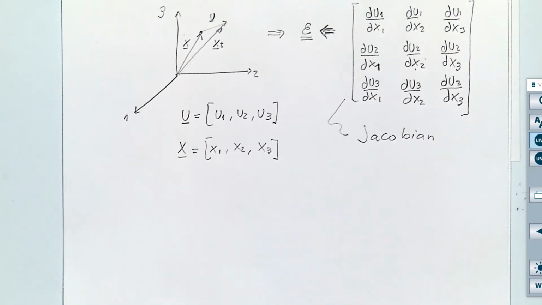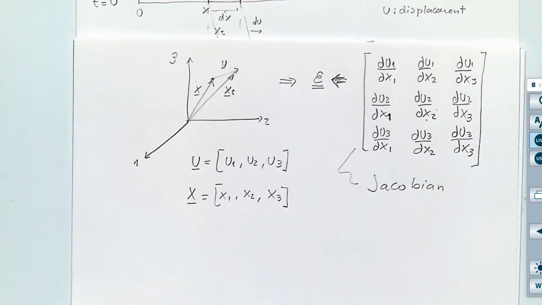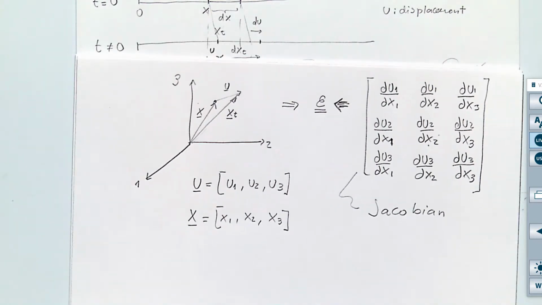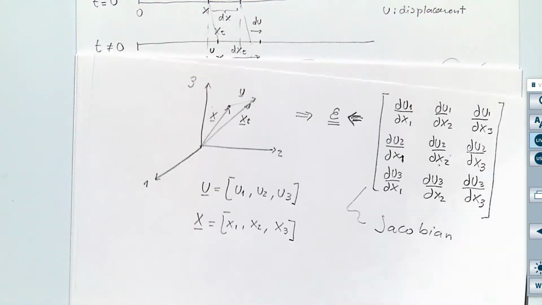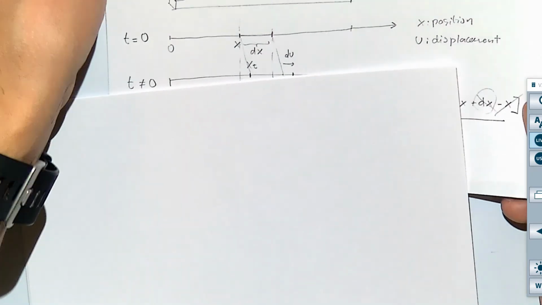Okay, so we're almost there, but not quite yet. Okay, I'll come back to this page. What we're going to do next is going to require an entire page. So also, if you want to start a new page, please do that.